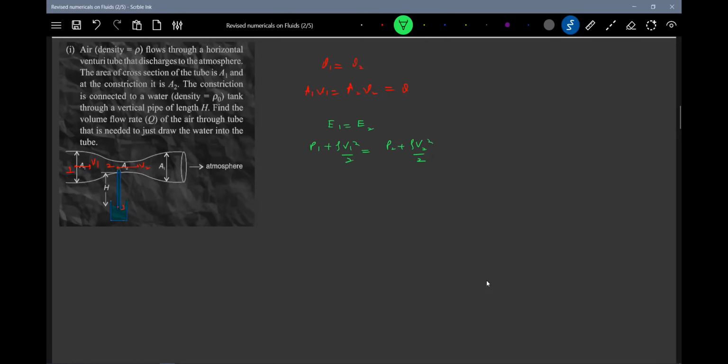P1, in general, we'll take as the pressure P naught. That was the question that is asked. So the pressure at 1 will be P naught.